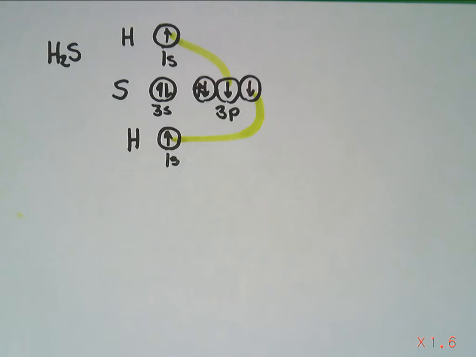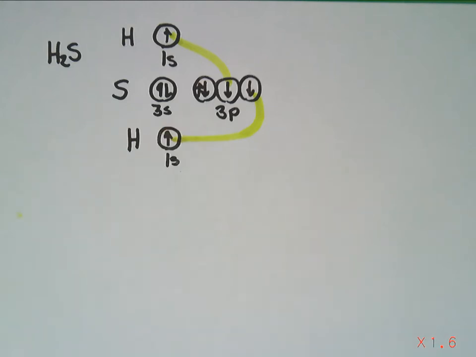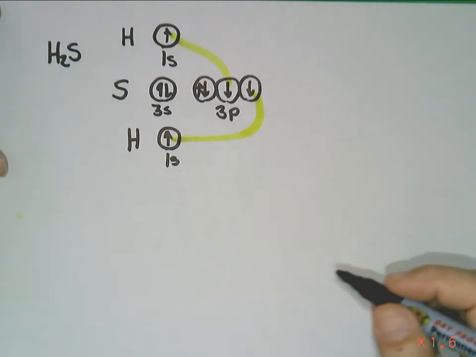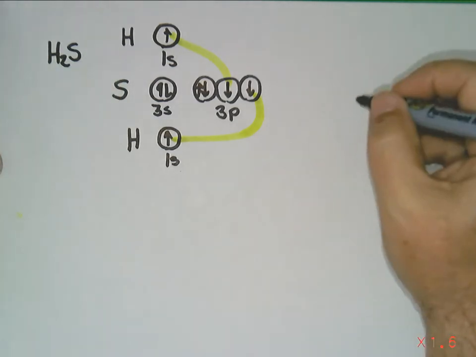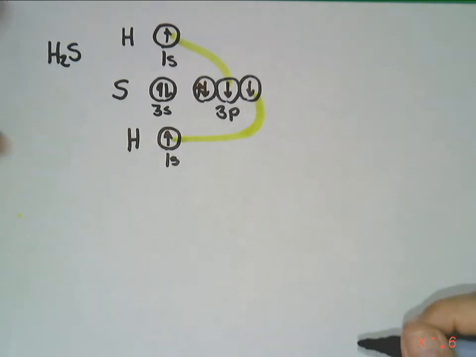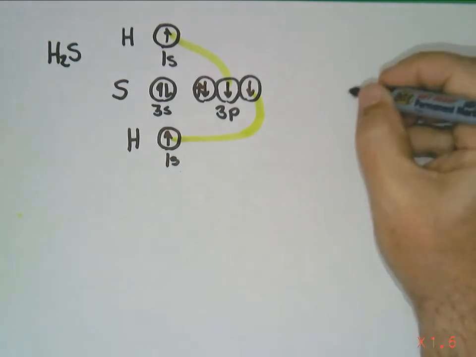All right, now let's draw this as a sort of balloon animal kind of model where I'm drawing the actual overlapping orbitals. So let's draw the sulfur first. And I'm only going to draw the orbitals that are involved in the valence bonds. So I'm going to draw a 3p orbital and a 3p orbital in the sulfur.